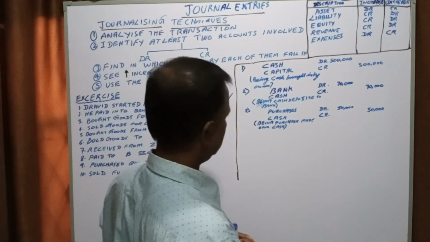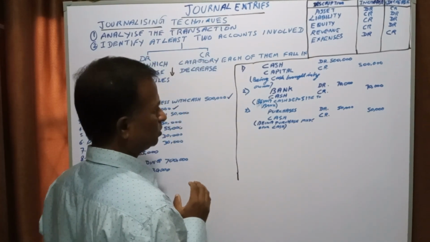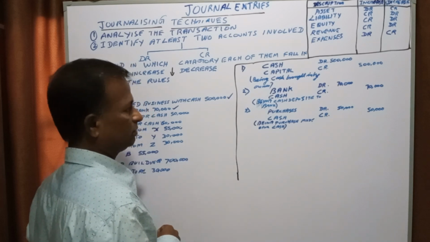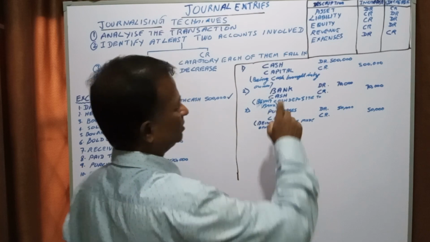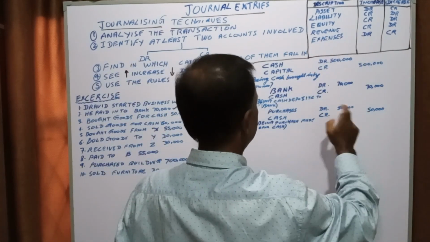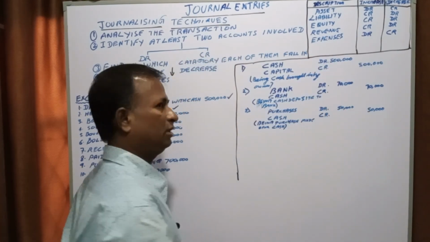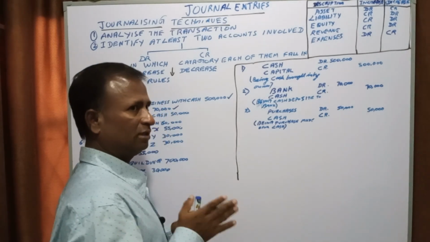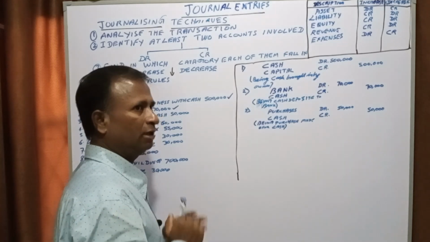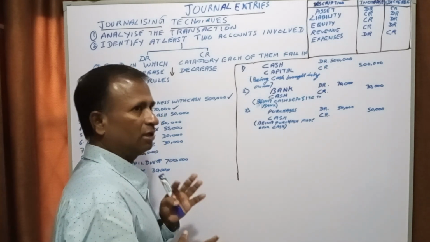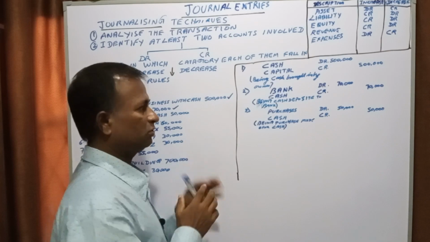Third, he purchases goods for 50,000 cash. There's an increase in purchases means expenses debit, purchases debit. Decrease in the cash because we are purchasing, cash is going out, then cash is decreasing. If the cash is decreasing, cash belongs to the assets also decreasing.